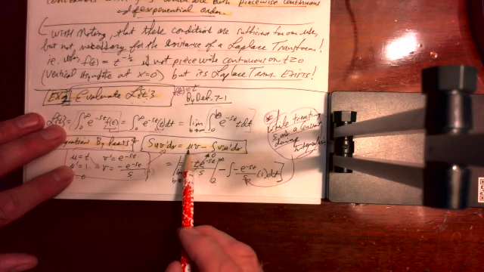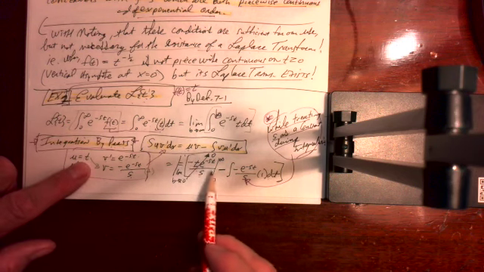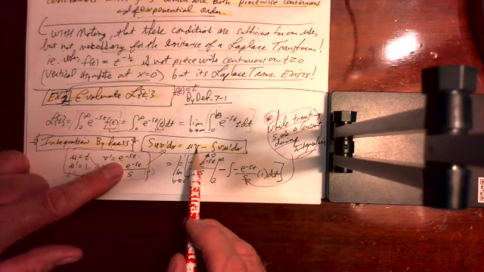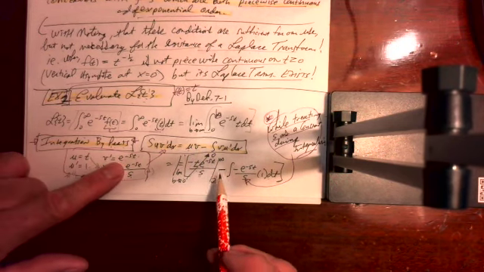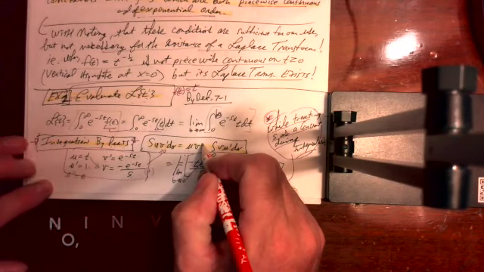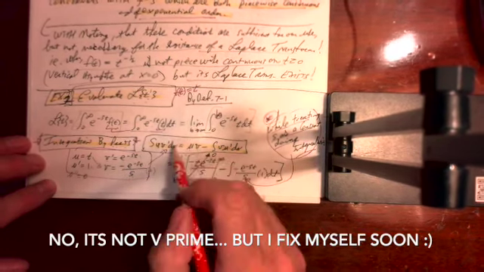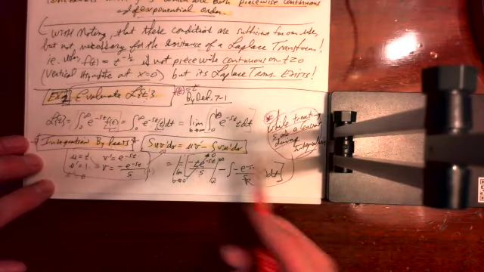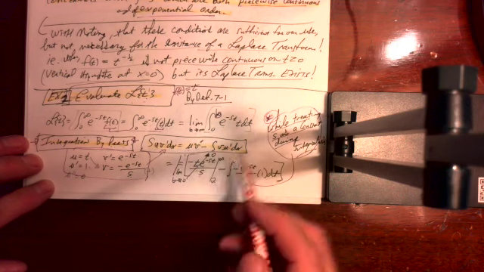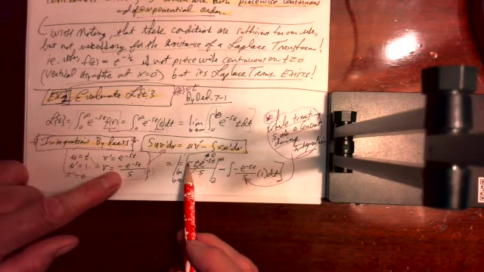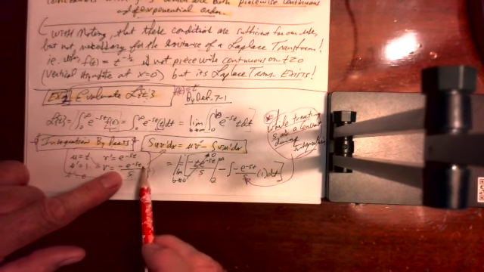So u is t. There's my t. V prime is right here. Did I make a mistake? U, v prime. Okay, so this is v prime. Then times minus e to the minus st over s.